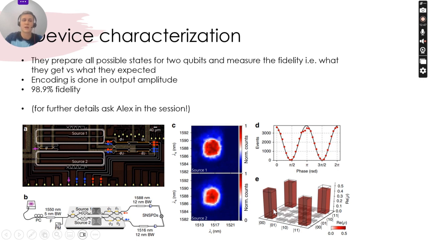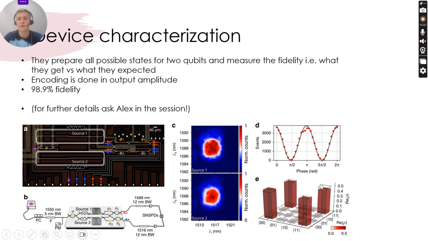And so what they do, they measure fidelity, and a fidelity is just, in basic terms, a measure of what you expect versus how often you actually get what you expect. And so this graph here, they've got 4 bars, and you can see these dotted lines.